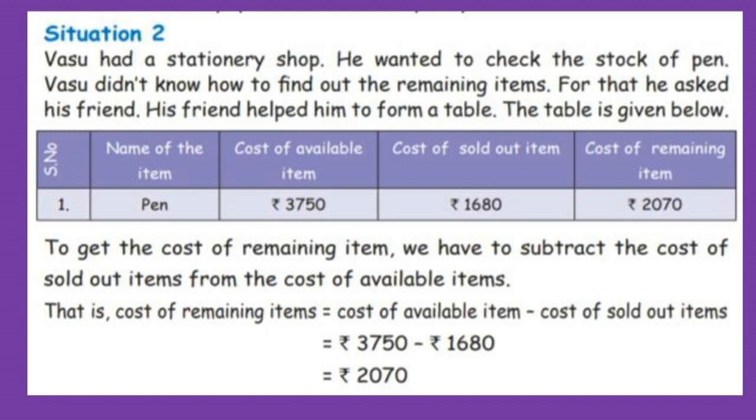The remaining cost, what we are going to do? We are going to find out. Let us see. From 3750 minus 1680, if you subtract both, you will get the answer 2070 rupees. So, the cost of the remaining item is 2070 rupees.